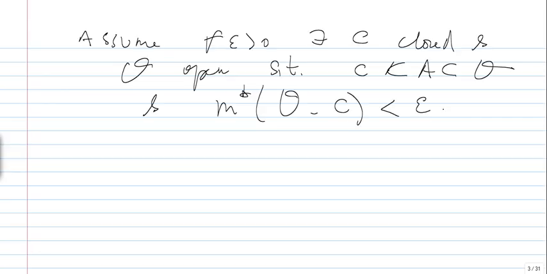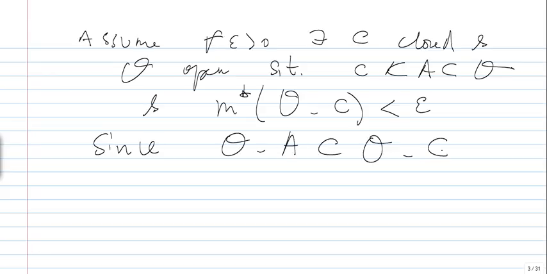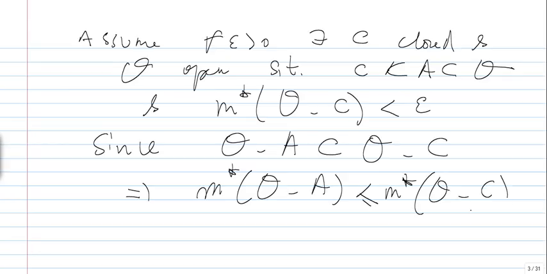Since it's just properties of set theory, O minus A is a subset of O minus C, which implies that the outer measure of O minus A is less or equal than the outer measure of O minus C, which is less than epsilon. And again, by the characterization that we know, A is measurable.